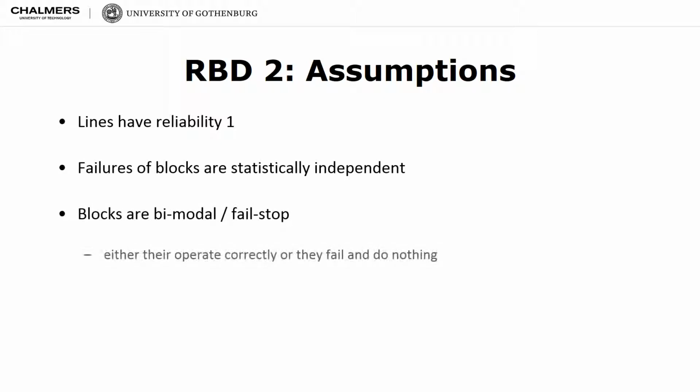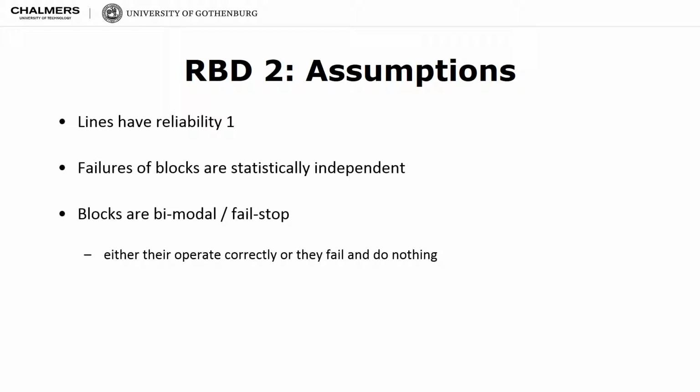There are several important assumptions that accompany reliability block diagrams. First of all, the reliability of each individual block is known or estimated. The lines have a reliability of 1, and all lines share the same semantics. The failures of blocks are statistically independent.